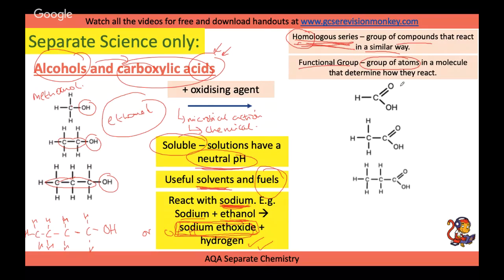These are carboxylic acids. They have the functional group COOH, like so. They're all part of a homologous series, so a similar group of compounds. This would be methanoic acid because it has one carbon, ethanoic acid, propanoic acid, and then if you were asked to draw, for example, butanoic, start with the functional group, and then work your way backwards.